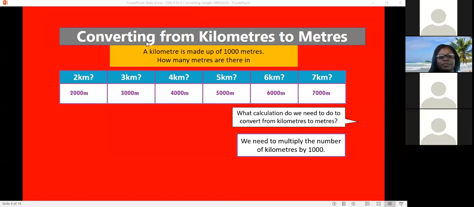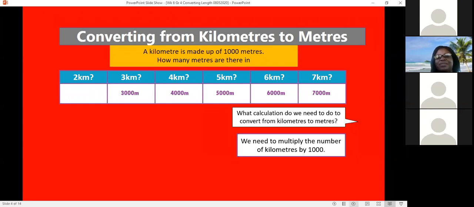Okay, ma'am, what I noticed when you're converting from kilometers to meters, you add 3 zeros and you add a meter sign. Yes, well done. So we add 3 zeros, and very important, we must add the meter sign. Thank you so much, Joda, for answering that one. So we are going to move on.